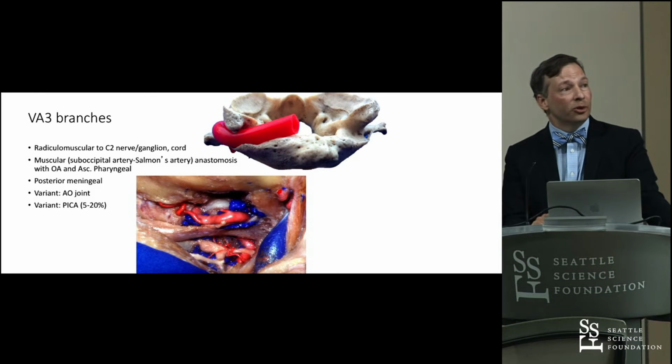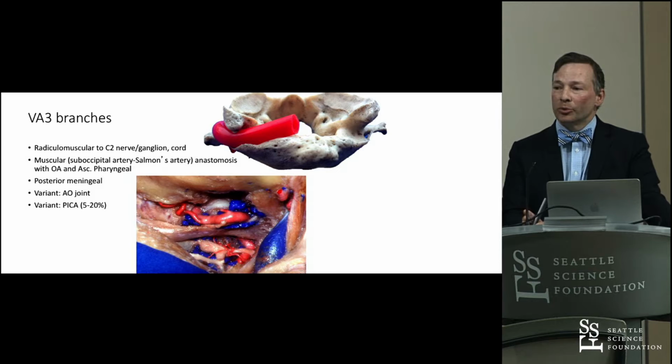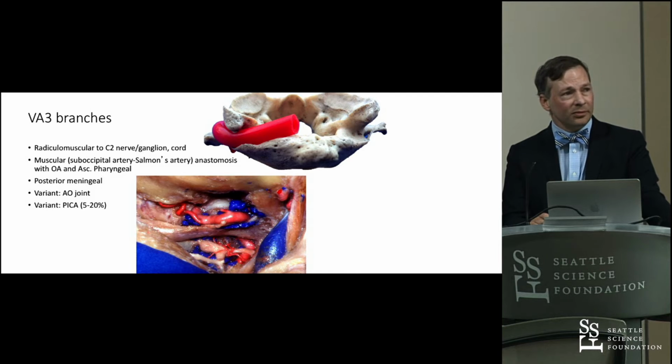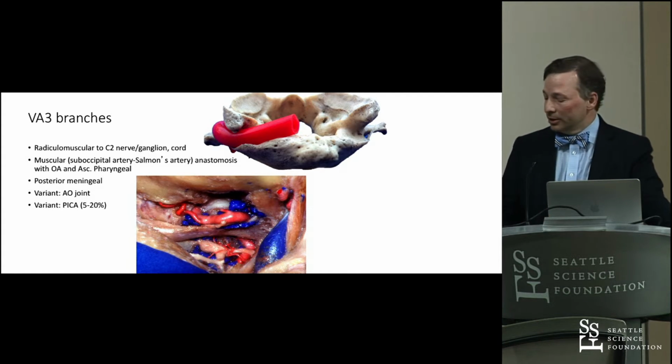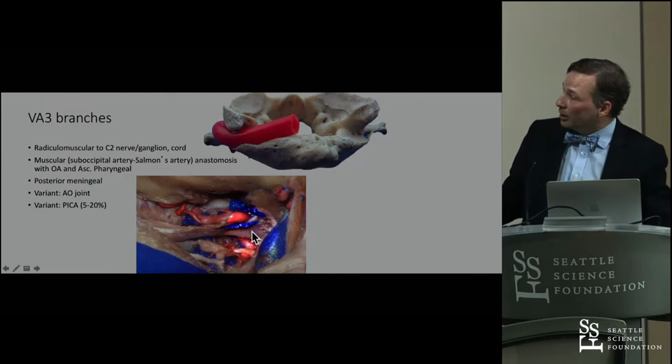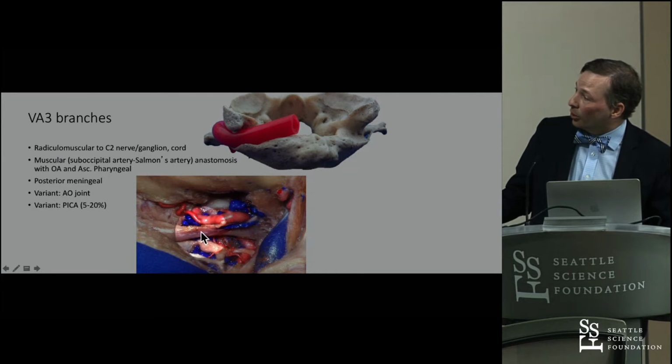A posterior meningeal branch, a variant where we can see branches to the atlanto-occipital joint, and then most importantly, if you take home nothing else, when you're doing extradural dissections in a suboccipital approach, depending what literature you read, between 5 and 20% are going to have a PICA that arises from that V3 segment. And as Dr. Rhoton has shown here very nicely in the lower image, you see the PICA here coming off of the vertebral artery segment.